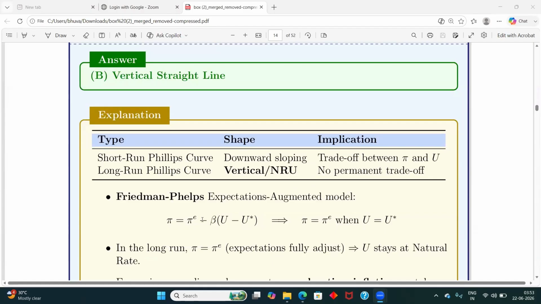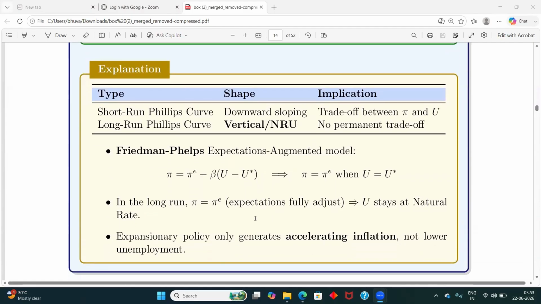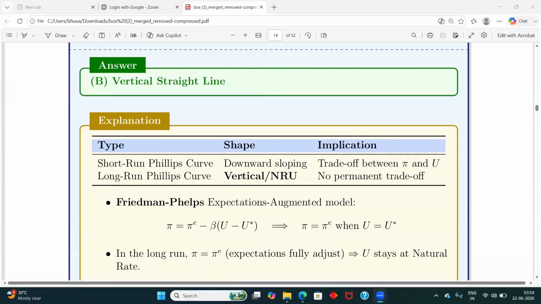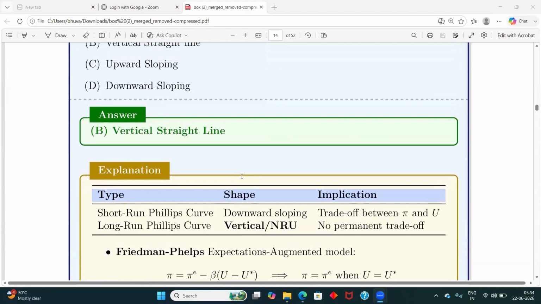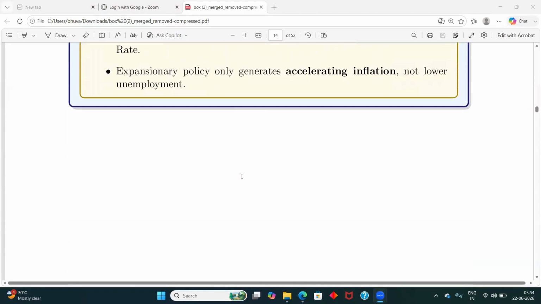Inflation is equal to expected inflation minus beta times (U minus U star). Here U star is the natural rate of unemployment and U is the actual rate. So expansionary policy only generates accelerating inflation, not lower unemployment. So the correct option is a vertical straight line in the long run.